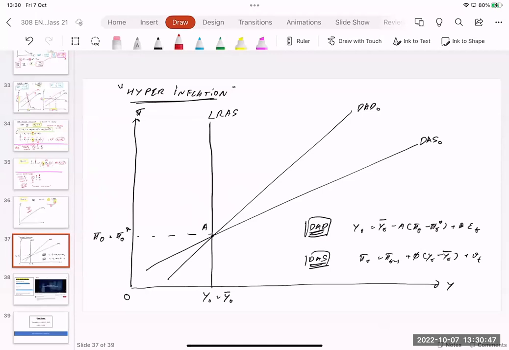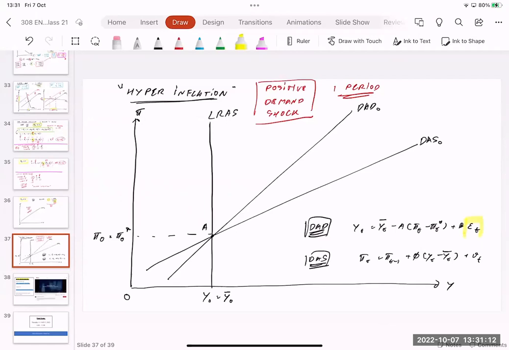So what I'm going to show you here is that if we have a positive demand shock for only one period, it can create a big problem, a hyperinflation.